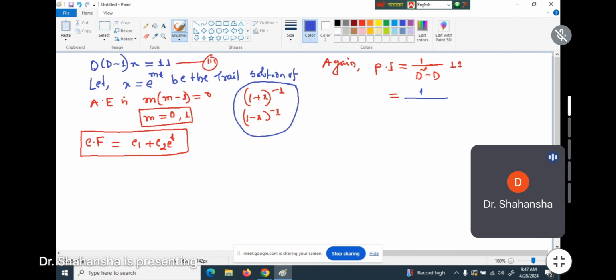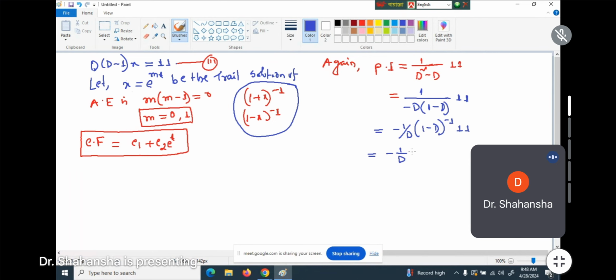So you have to keep D only in the numerator. If we take common minus D here, we can write 1 minus D inverse, so 1 upon D, 1 minus D inverse into 11.